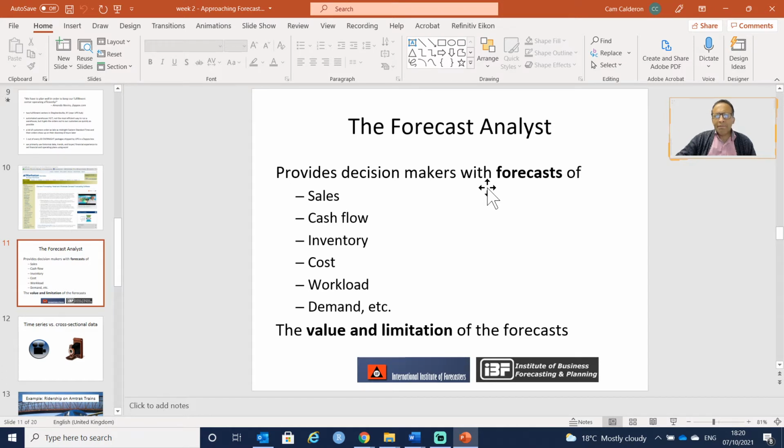The forecast analysts then provide the decision makers with forecasts for many of their areas, almost everywhere in all administrative areas: finance, production, management, etc.